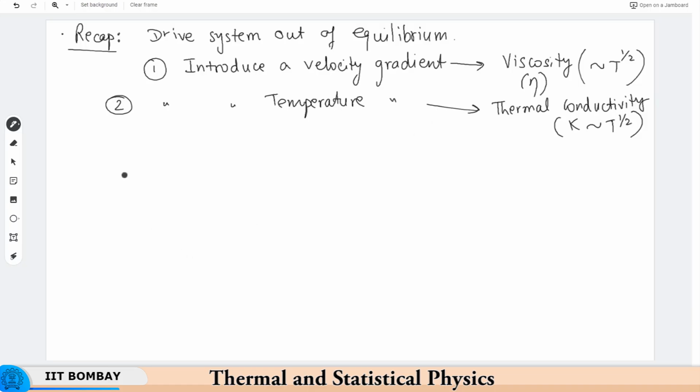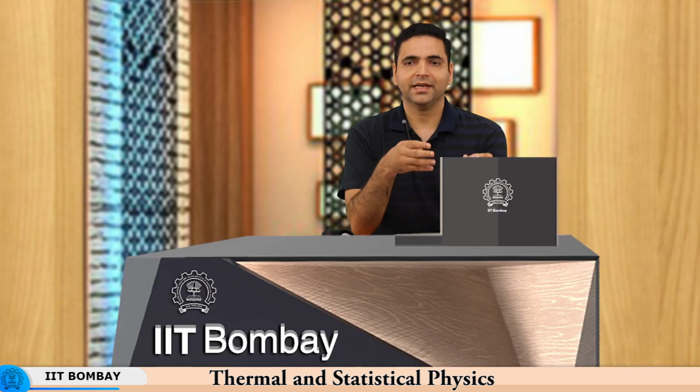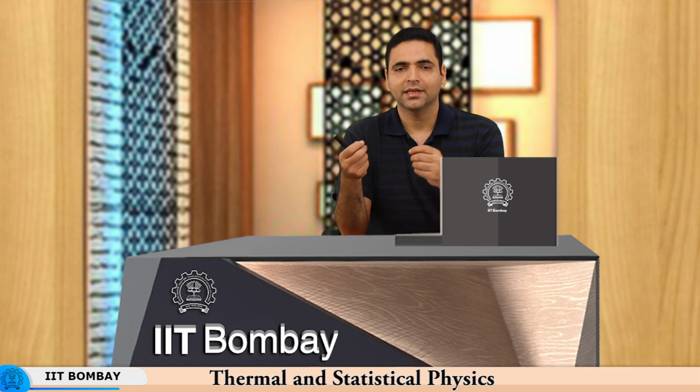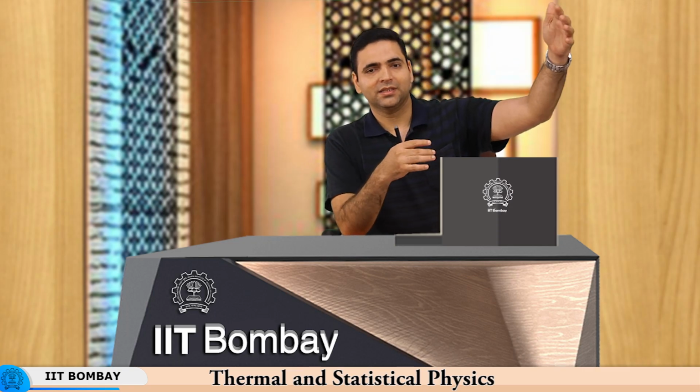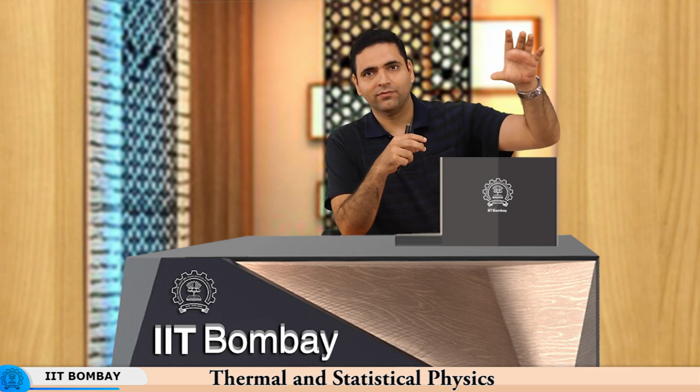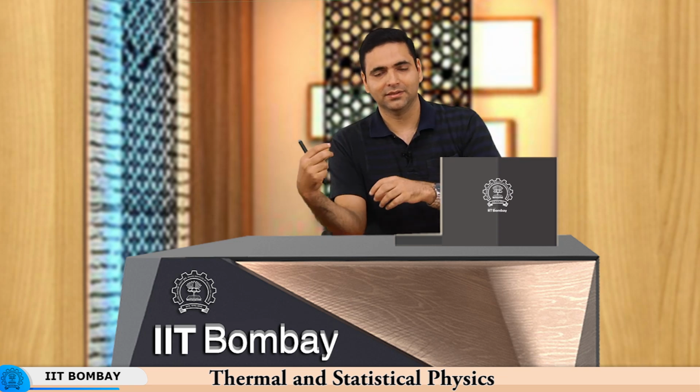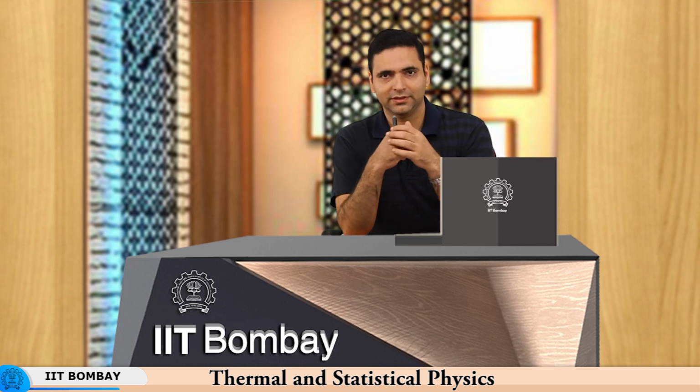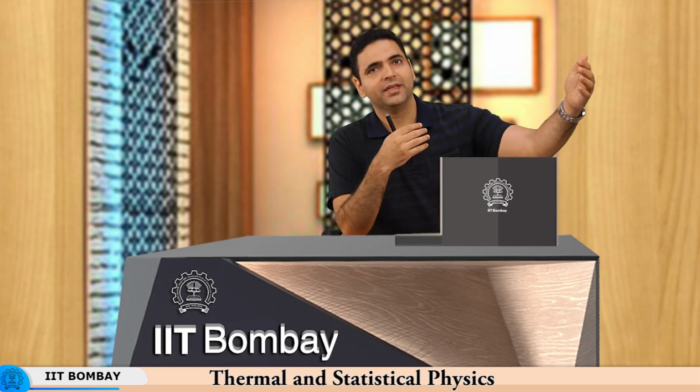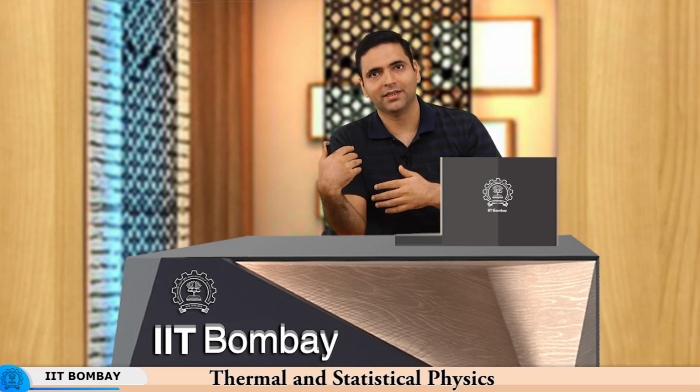Same with viscosity. And the third way we did was the concentration gradient, right? In the concentration gradient we assumed that there are more gas particles in one location in space than in the rest of the volume, and therefore there will be net transport of matter, right?